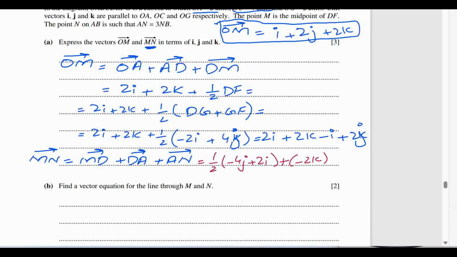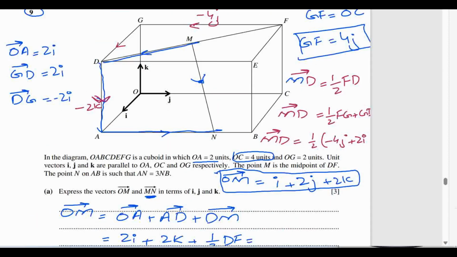Now for AN, what we can do, we can use this one. Okay, so as we can see that AN is equal to 3 times NB. So what does it mean? It means that vector AN divided by NB will be equal to 3 by 1.